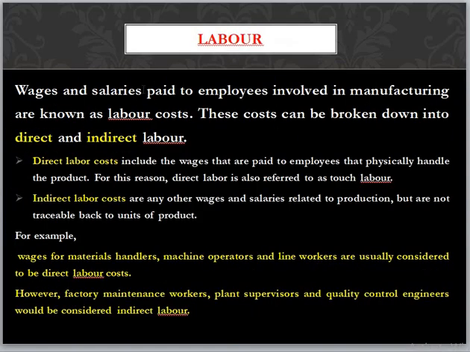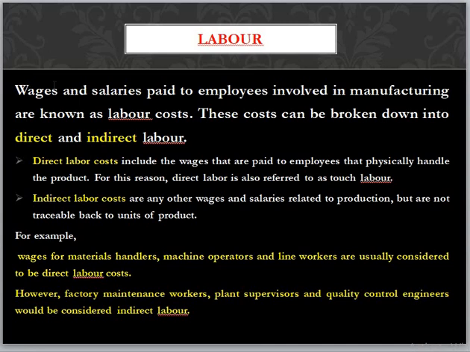Next one is labor. As in the case of materials, similarly in the case of labor too, labor may be direct and indirect labor. So what is labor? Labor is actually the wages, salaries or some remuneration paid to humans for their human efforts.